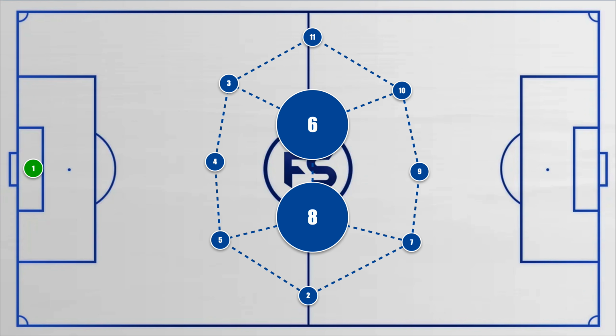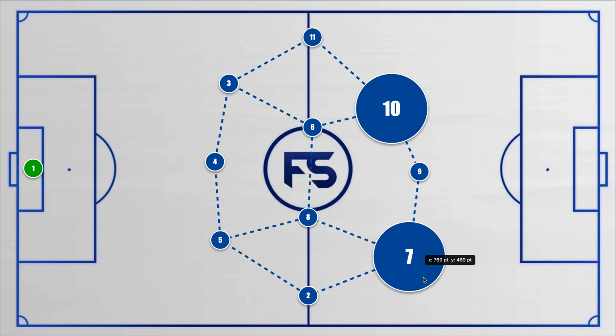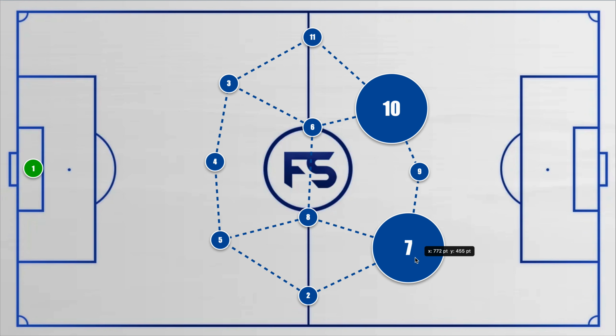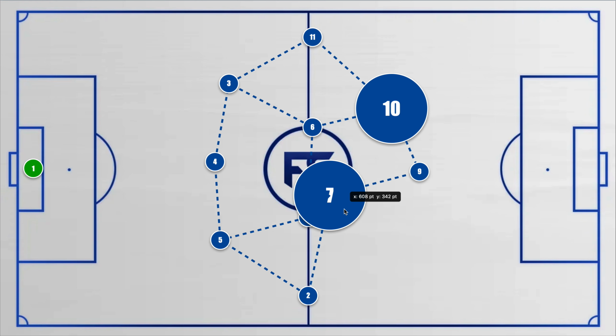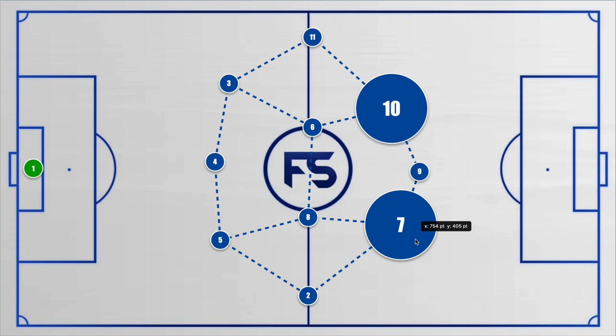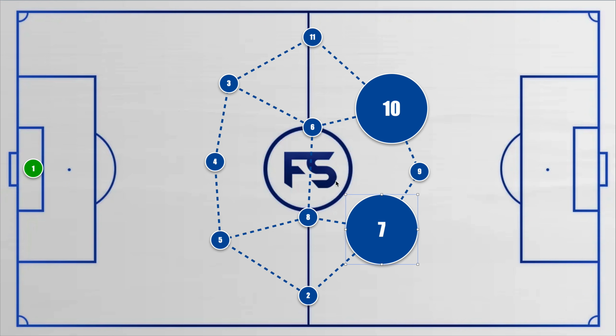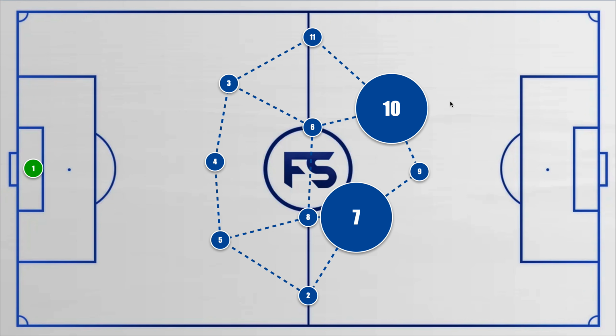Next, we've got the two strikers which would be playing off, who are capable of making the runs in behind here. So we're looking for pace. We're looking for players who can drop into these areas, into these half space areas or inside channels to receive, and then play from there. Also drop into here, play passes in behind.